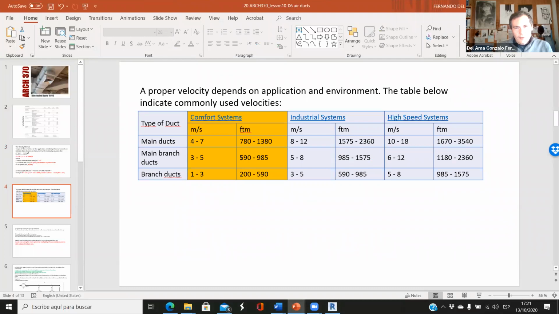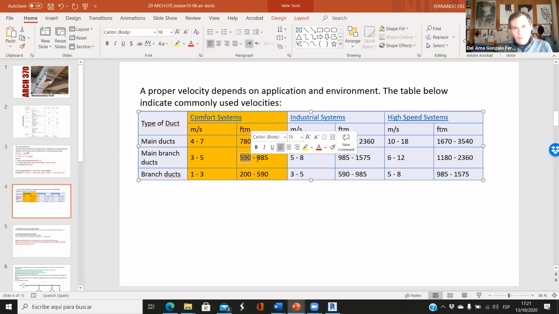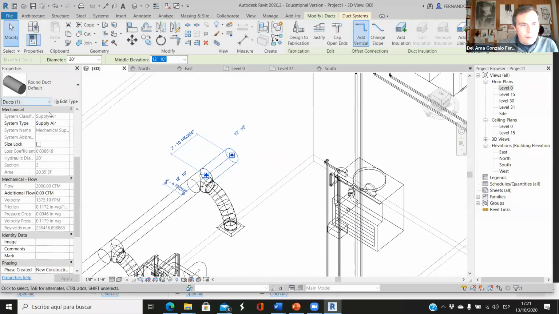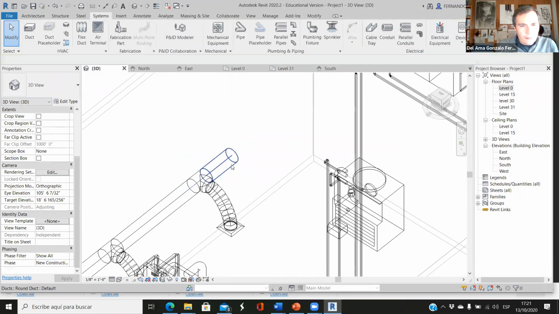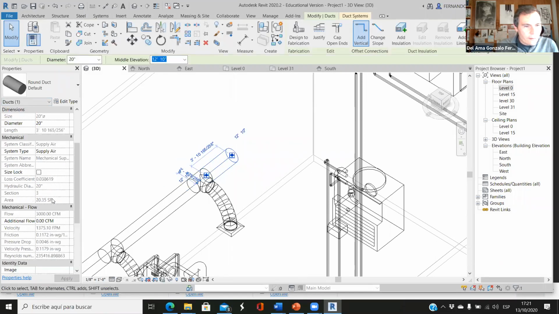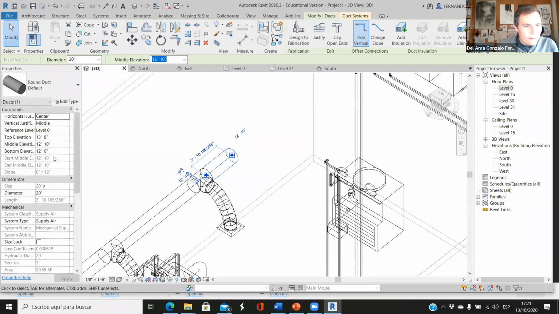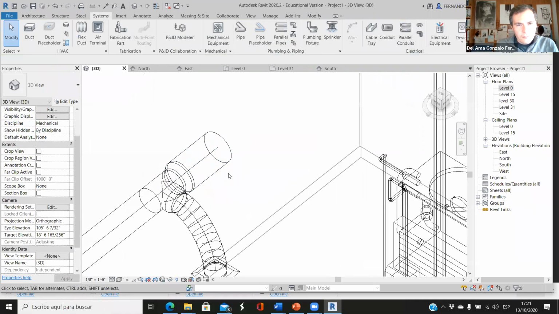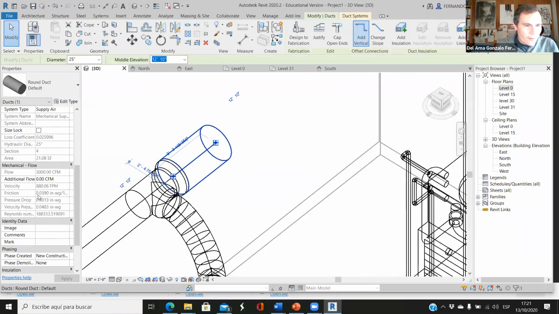Not really. It should be between 500 and 900 because this is a main branch. So we have to make it a little bigger, so we can change this. Let's make it 25. Okay, so now the velocity is 800. Well, it's getting better.